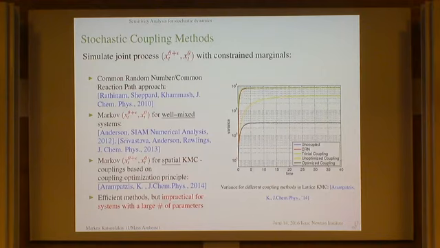I think a very important contribution was made by David Anderson, where he built a joint Markov process for that, for well-mixed systems. This is a great way to think about these problems, and we've used this to do spatial dynamic modeling, spatial problems, where you have much more freedom and you can actually optimize the coupling, find an optimal coupling.